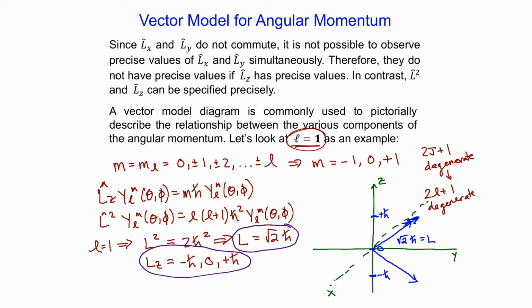Well, those are the ones we don't know. So to account for all possible values of x and y, what happens is we just essentially map out a cone around our z-axis.